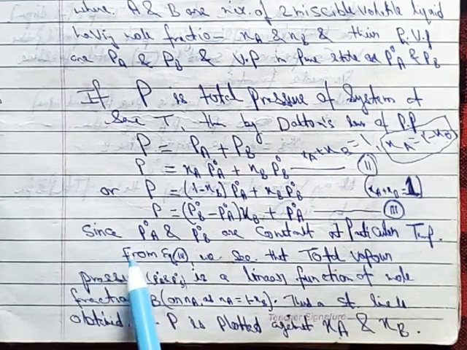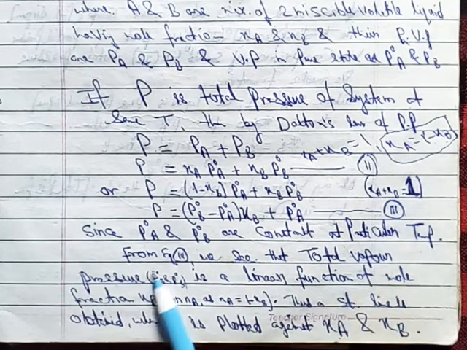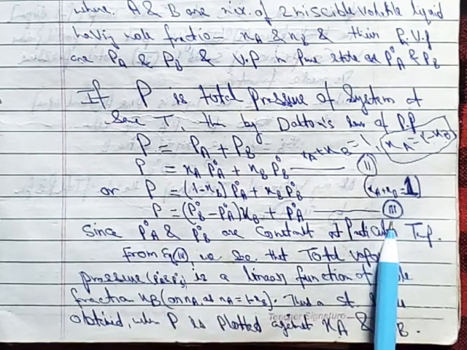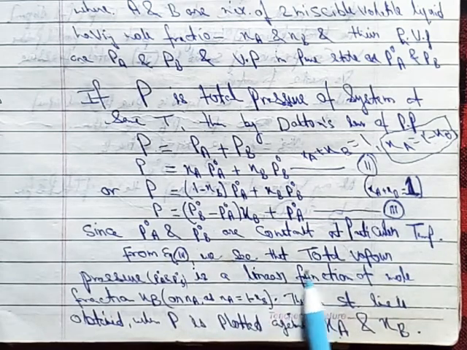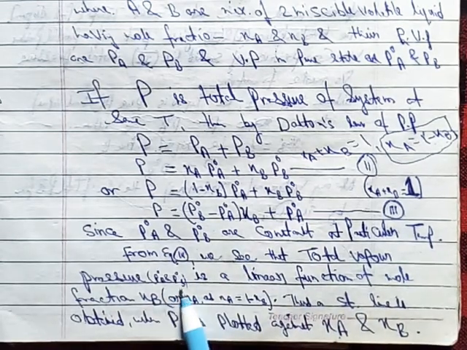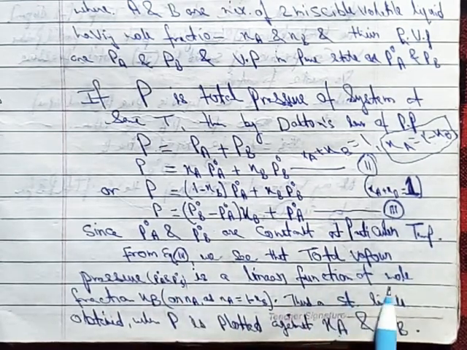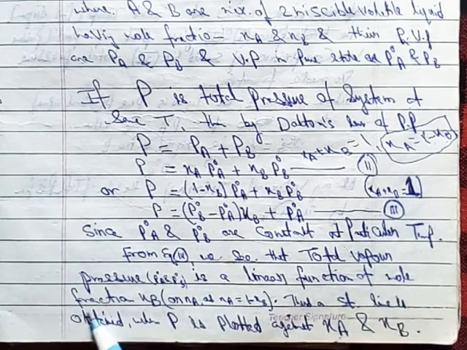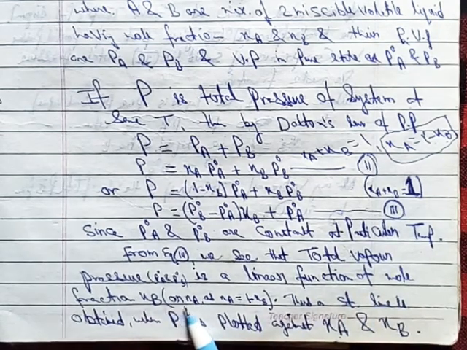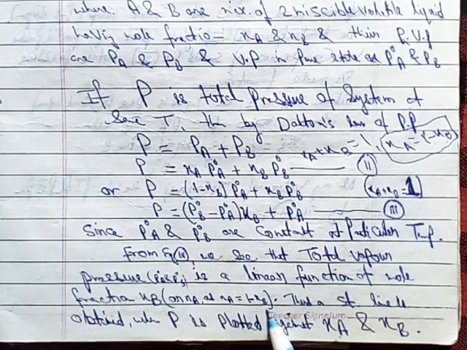Again I am repeating: since P naught A and P naught B are constant at a particular temperature, from the third equation we see that the total vapor pressure is a linear function of mole fraction XB. If we take XA, then it will be XA, where XA equals 1 minus XB.